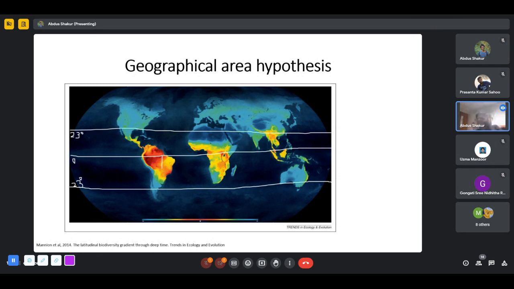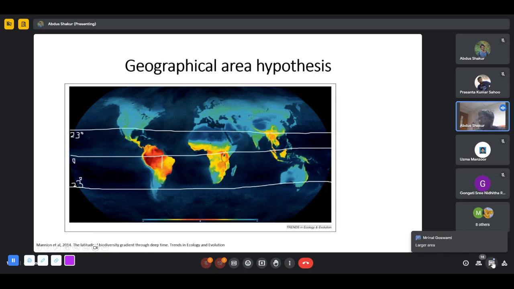One of those hypotheses is the geographical area hypothesis. This hypothesis suggests that the tropics have a larger area, so they have higher species richness compared to temperate regions, which have relatively lower areas.